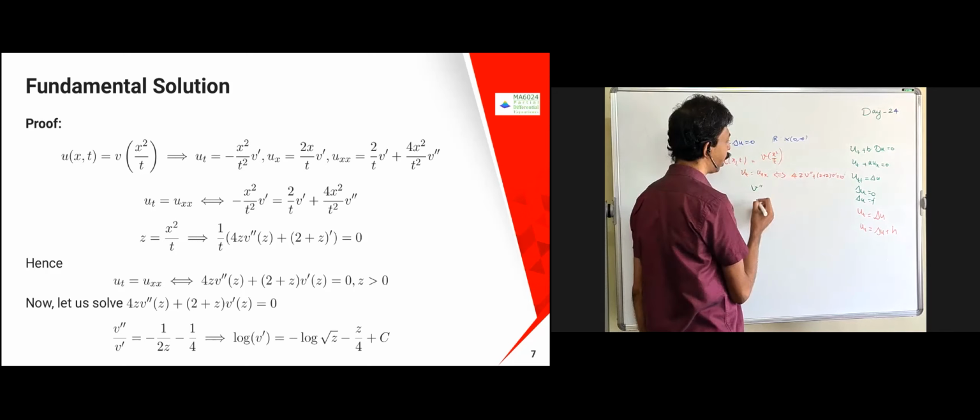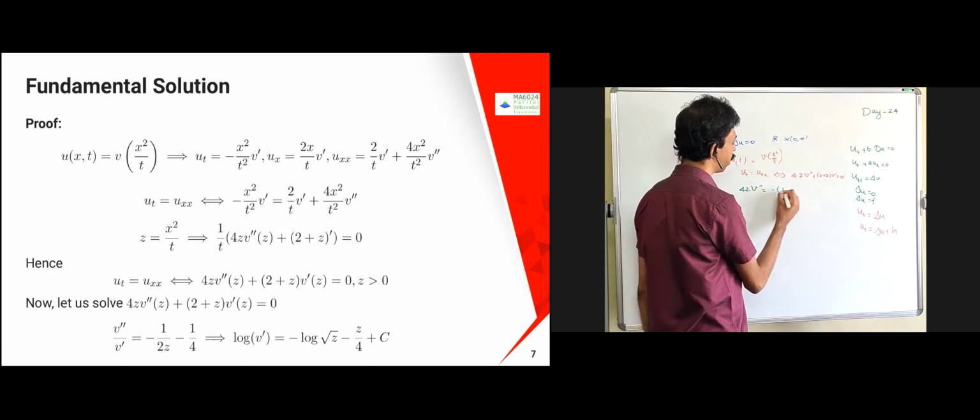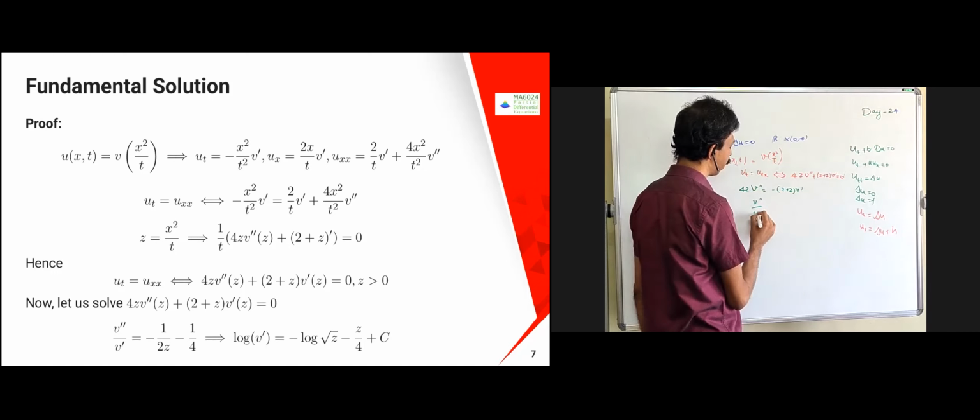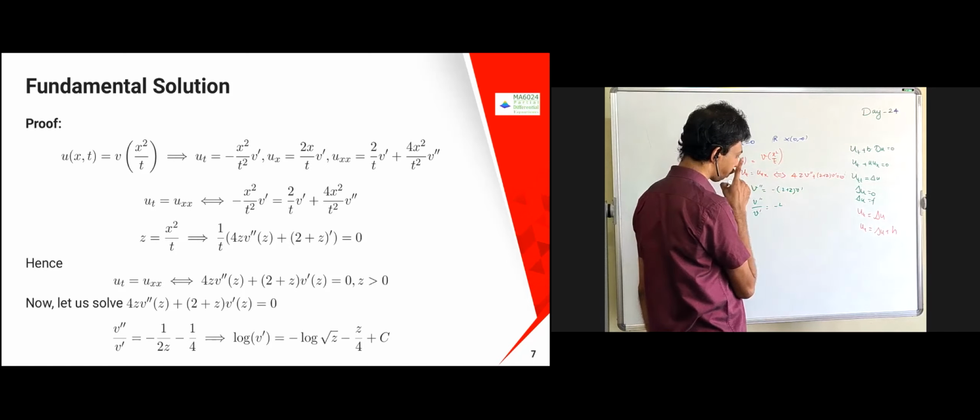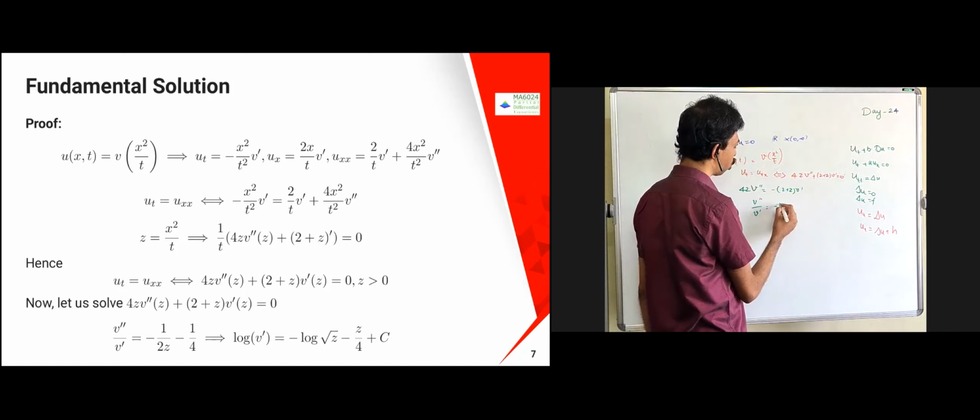So I just find 4z into v double dash equal to minus 2 plus z into v dash. So v double dash by v dash equals minus 2 by 4, so 1 by 2 z minus, and then we have z by 4, so minus 1 by 4.